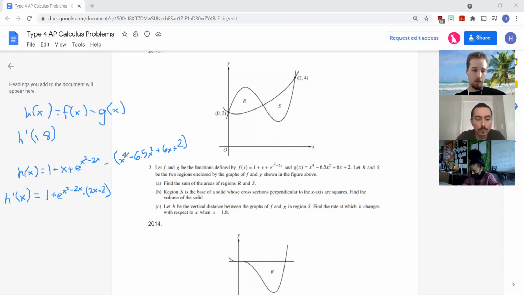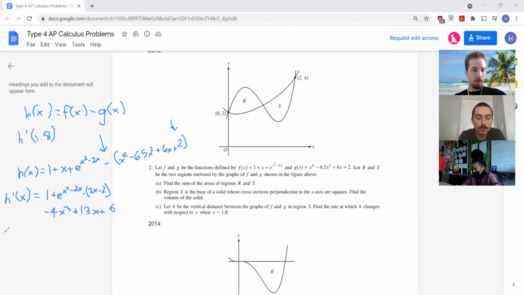And then subtract the derivative of g of x here, which is 4x cubed. Minus 13x. Oh, plus 13x, I have to distribute. Remember to distribute the minus to everything. That's very easy to mess up. Plus 6. Remember, derivative of 2 is 0.